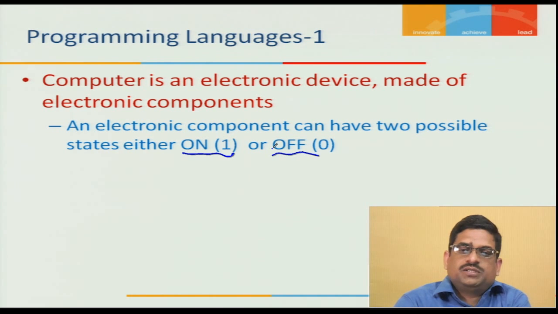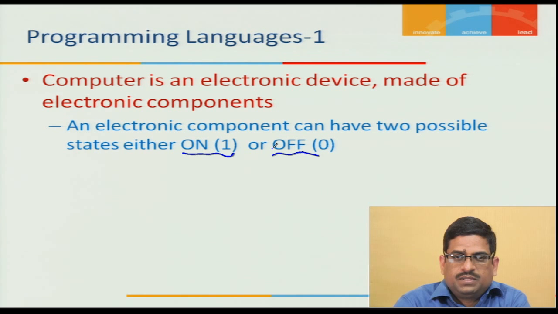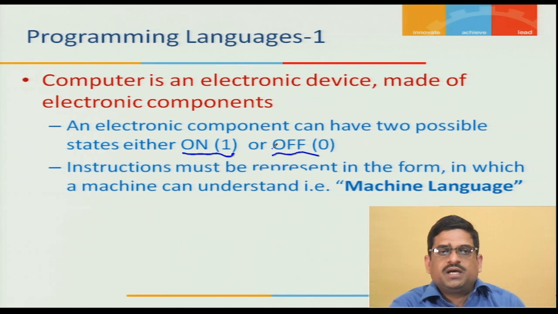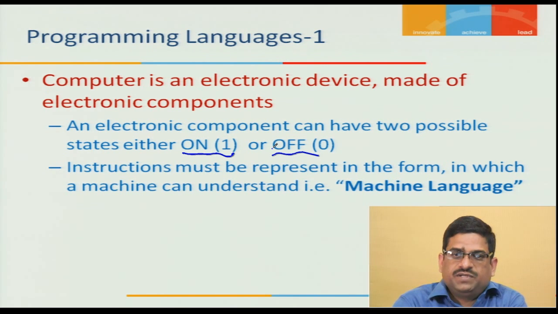So all the information has to be represented in the computer in the form of 1 and 0. I am representing on as a 1 and off as a 0. So everything has to be told to the computer in the form of 1 and 0, and this is called the native language of the computer, also called machine language.